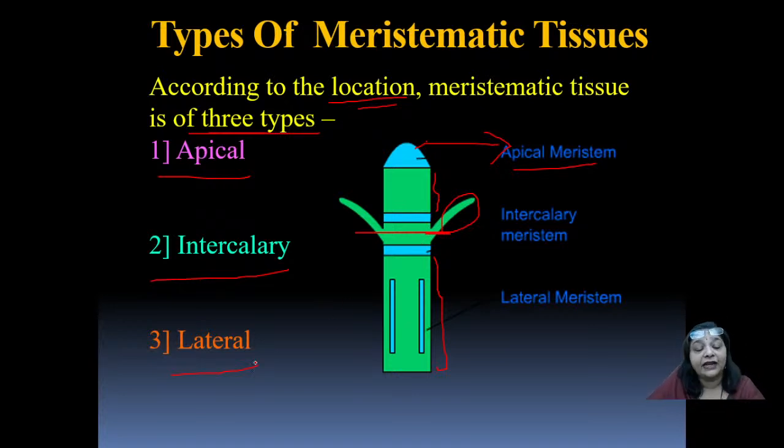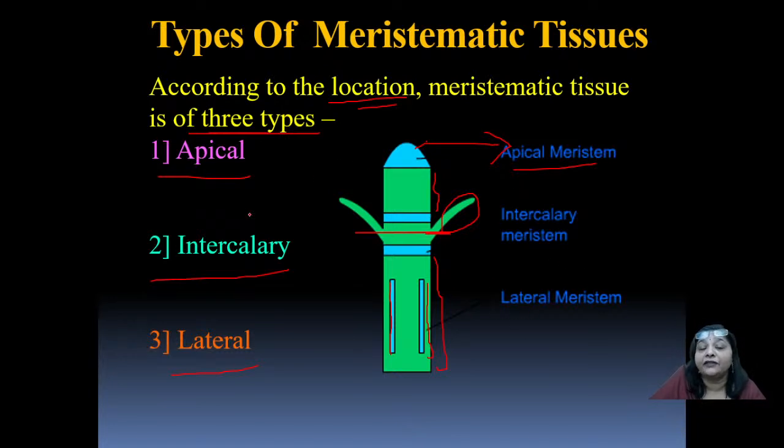Whereas the lateral, the term lateral refers to side. So here you can see on the sides of the stem or maybe the root, whichever plant part it is, the lateral meristem is found on the sides of the plant parts, like the stem, the roots and the branches.